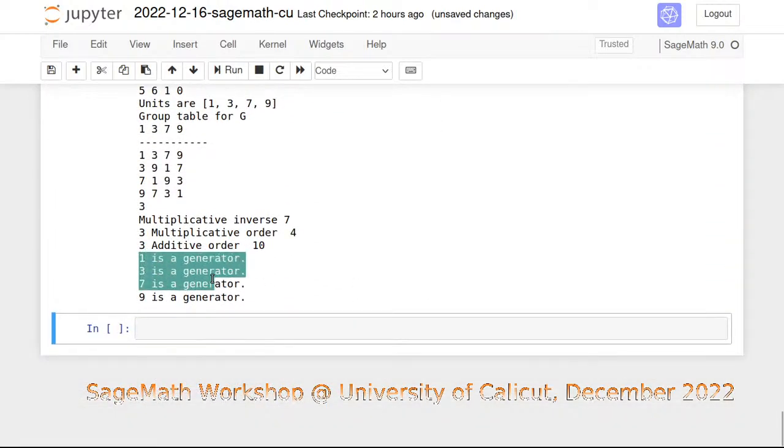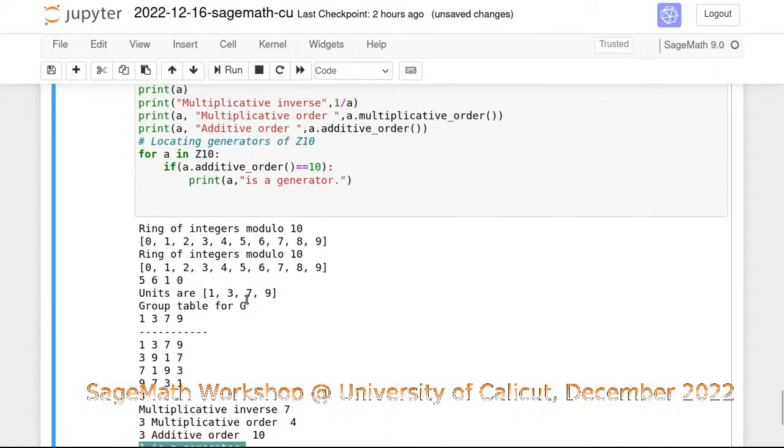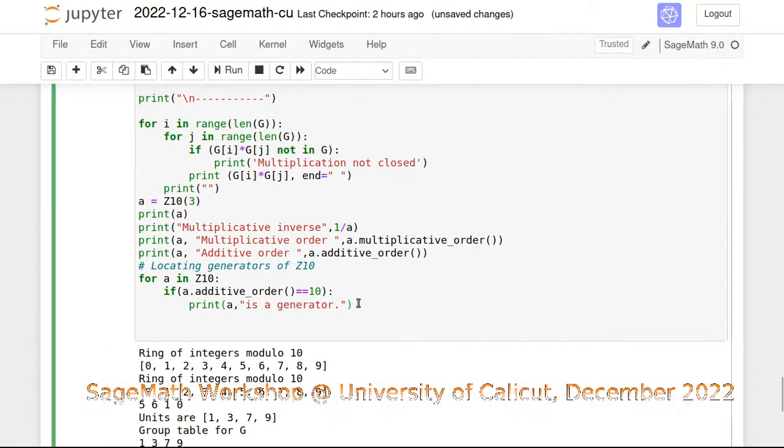So 1 is a generator, 3 is a generator, 7 and 9 all are generators. So we can locate the generators also by using this technique. Just take the order of the set to be equal to the additive order. As for order, I don't know whether order will work, we can try.